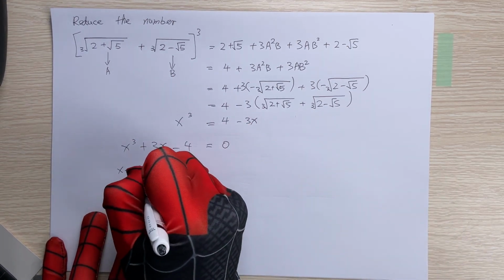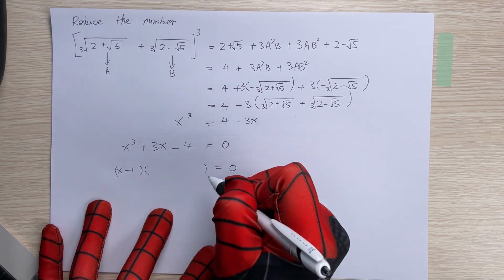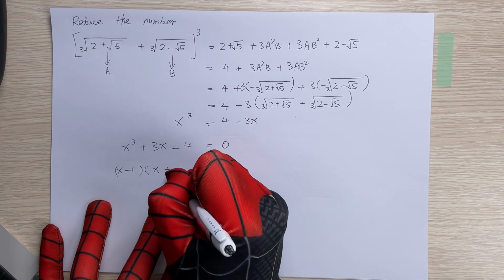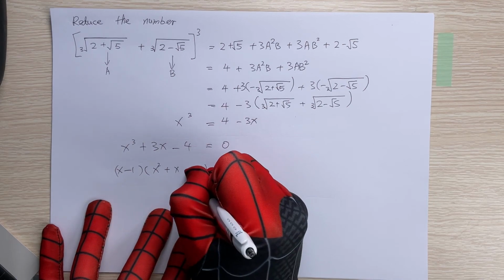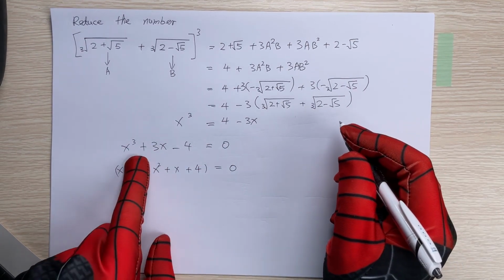That means x minus 1 is a factor. What's the remaining piece? We can just use trial and error. That will be x squared plus x plus 4. If you multiply this out, you get this back.